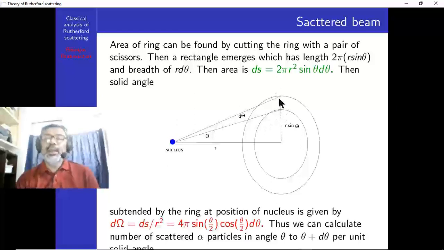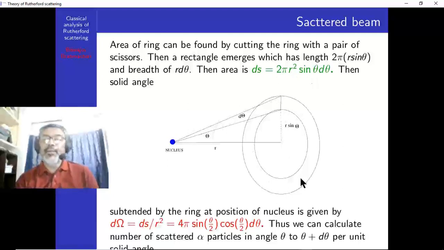Area of ring can be found by cutting the ring. We can cut this ring with a pair of scissors, and then this is r, and the circumference is 2 pi r sin theta, that is the length of a rectangle, and the width of the rectangle is r d theta. Then the area is r d theta multiplied by 2 pi r sin theta, which is 2 pi r square sin theta d theta.